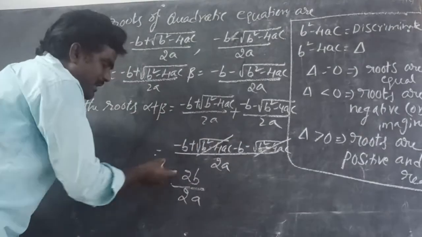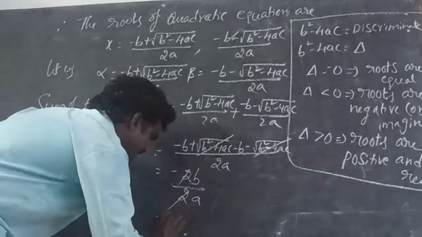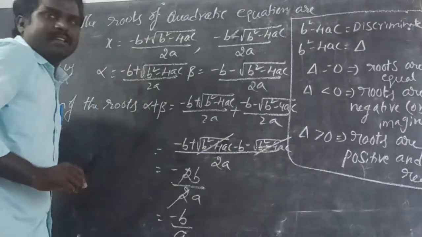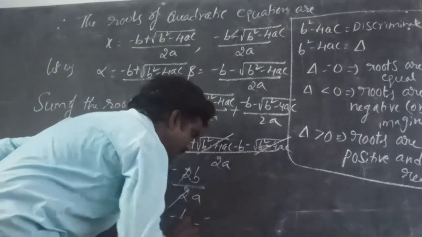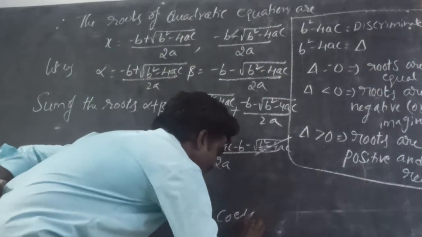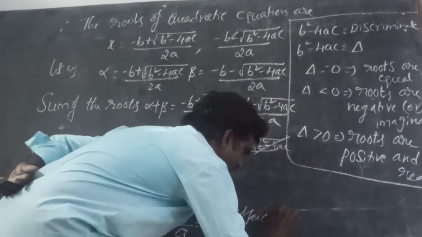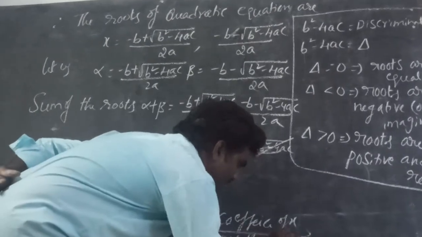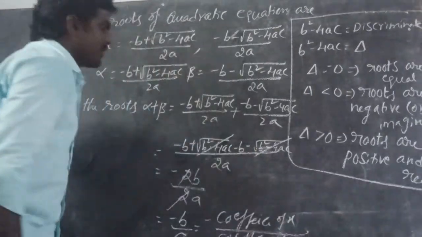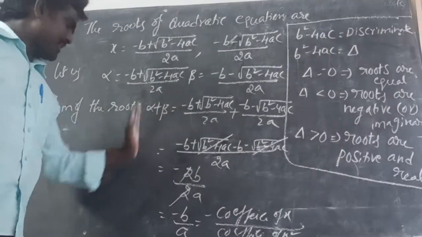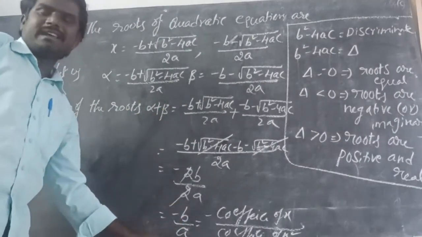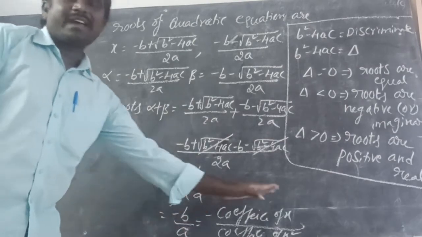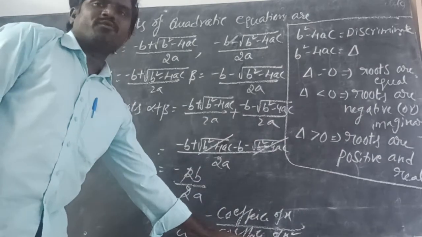The 2 cancels, that is minus b by a. Here minus b is the coefficient of x, and a is the coefficient of x square. So the sum of the roots alpha plus beta is equal to minus b by a.